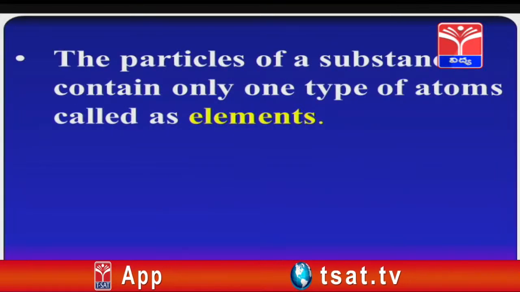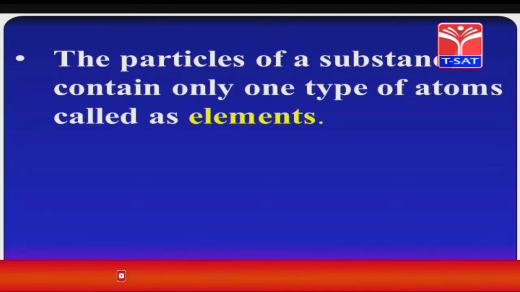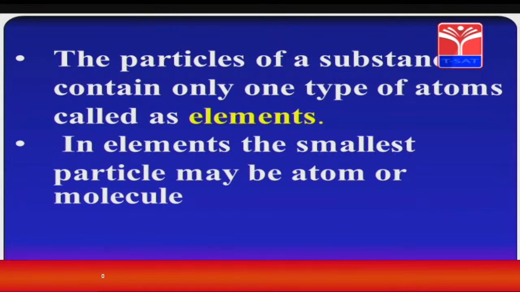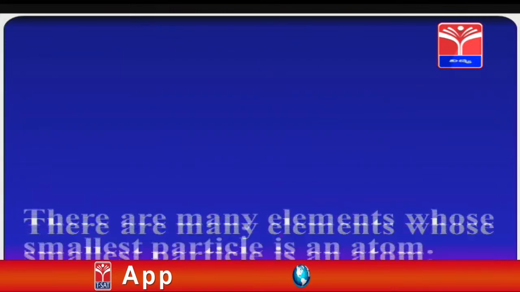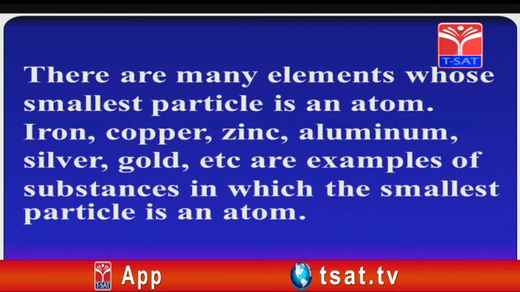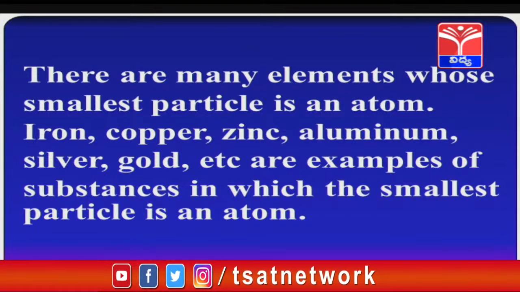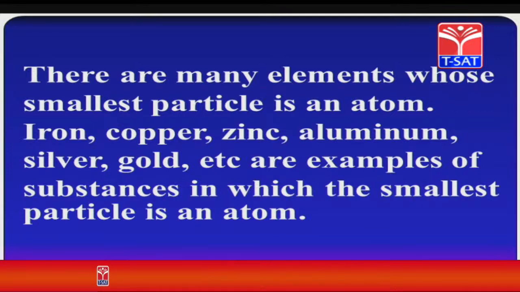Children, when the particles of a substance contain only one type of atom, they form elements. And in elements, the smallest particle can be an atom or a molecule. We will be seeing some examples, children. There are many elements whose smallest particle is an atom, like iron, copper, zinc, aluminium, silver, gold, etc. These are metals, they exist in the form of elements and they contain only one atom, so they are called monoatomic particles.